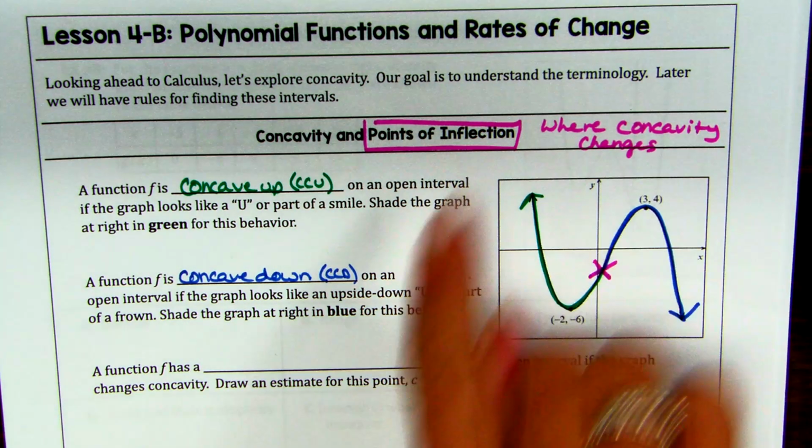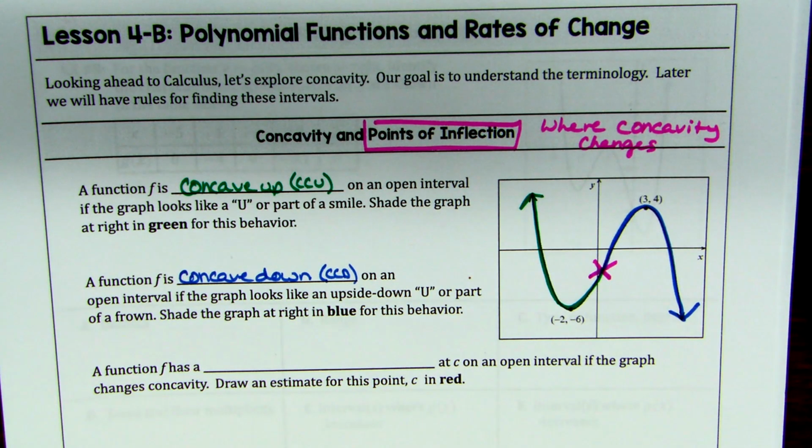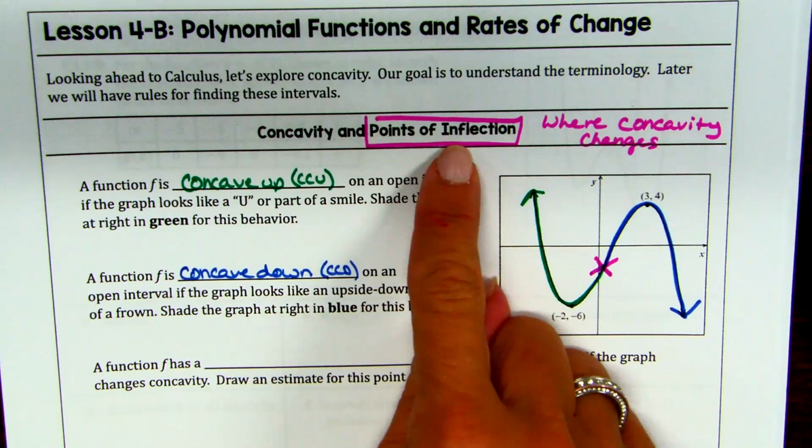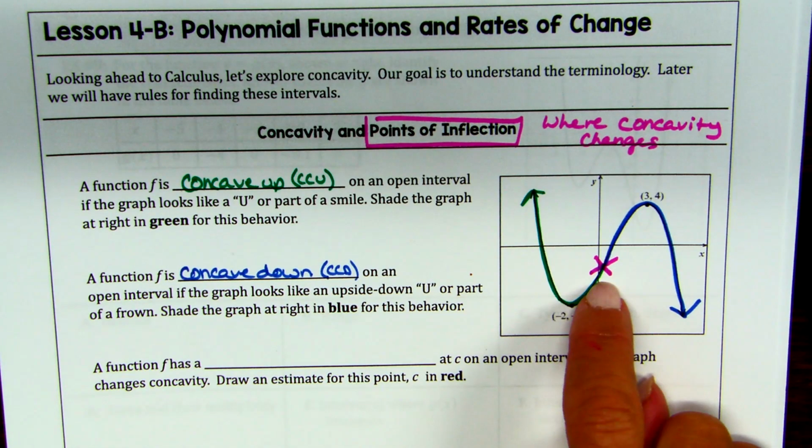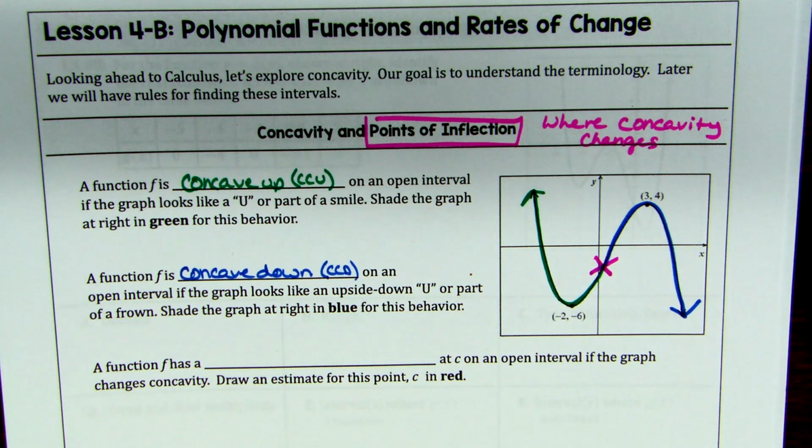We know roughly it's in that area, but what is the exact point? The truth is, you can't find that point of inflection, which is what that is called, without having calculus. You need to do something called a second derivative, which we don't do.